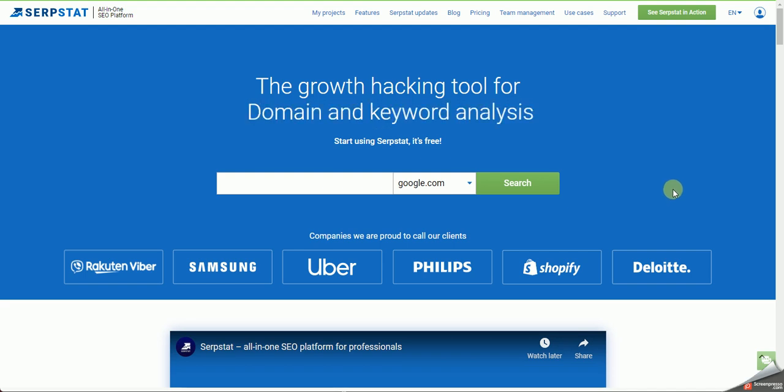Okay, the reason I love Serpstat, and it is my favorite free SEO tool, one of the reasons is because you get more free daily searches than you do with Ubersuggest. I was using Ubersuggest for a very long time, but I got tired of the 3 daily search limit with the free account. I write a lot of blog posts, and if you are like me and you write a lot of blog posts, 3 is not enough.